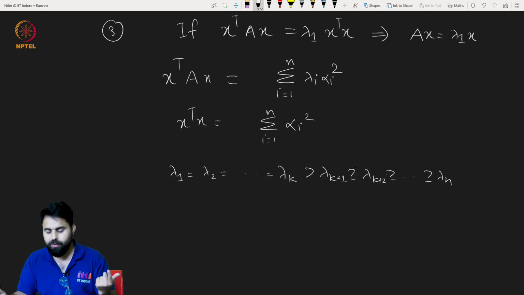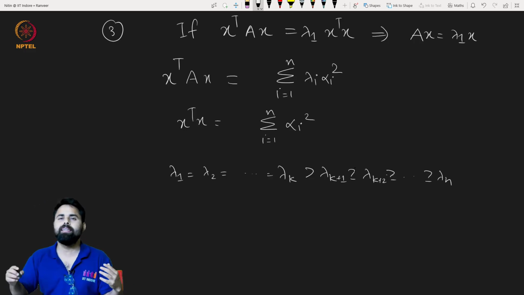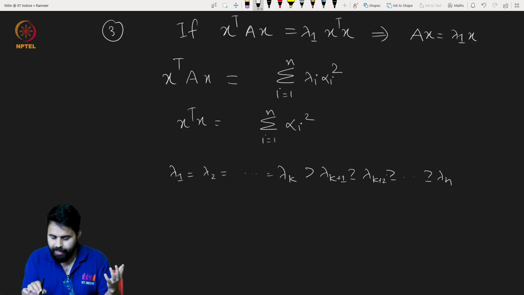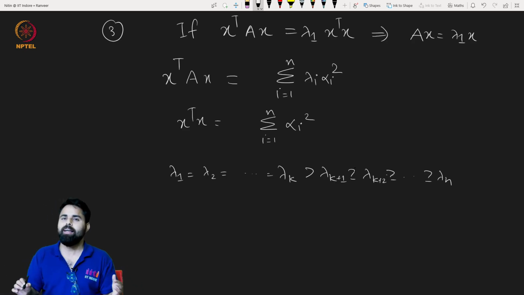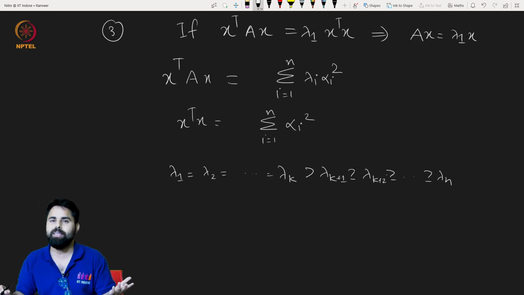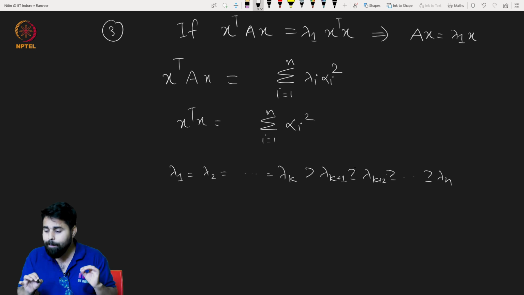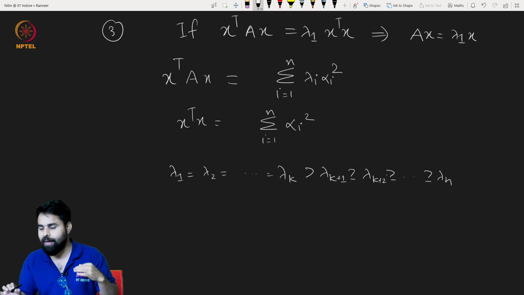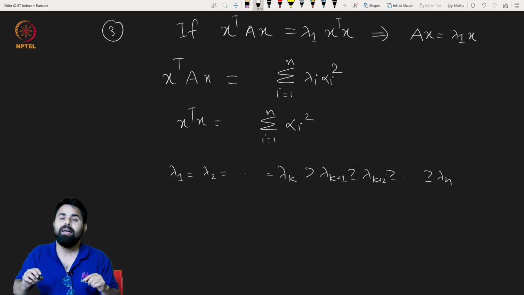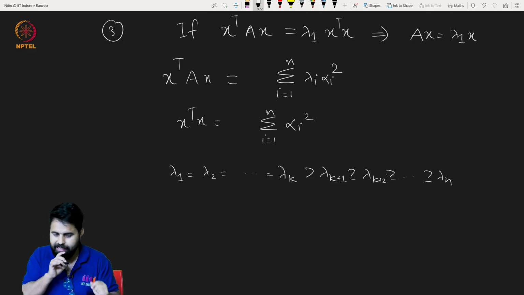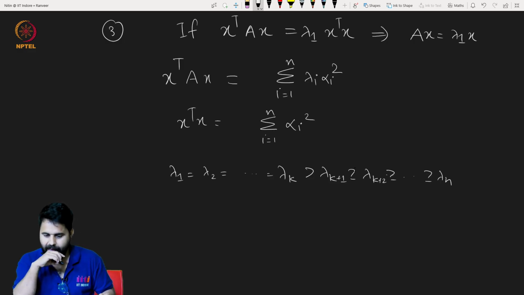The number of times an eigenvalue is repeating is called its multiplicity, to be precise, algebraic multiplicity. So lambda 1 is repeating k times. We have to prove that if lambda 1 is an eigenvalue corresponding to a vector X, then X is the eigenvector.